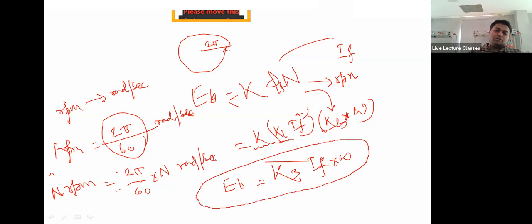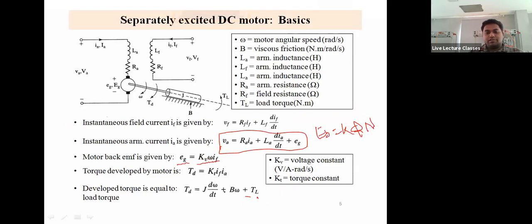So one big constant and then IF and omega, right? This is what is written here. So Eg equals, that constant is written as kV into omega into IF. So is it okay?